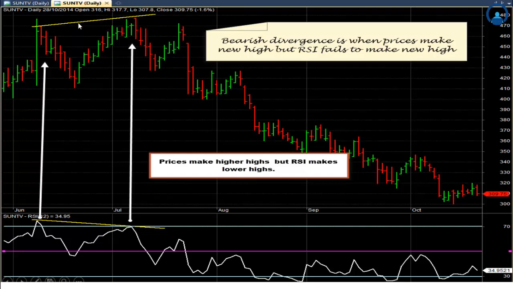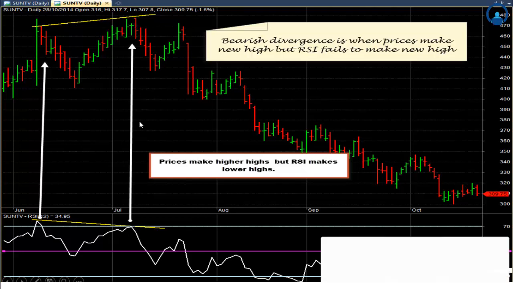But RSI has made a lower top, thus giving a divergence, where prices and RSI disagree, telling us that the validity of the recent top is questionable, and you can see prices change their direction and start trading lower.